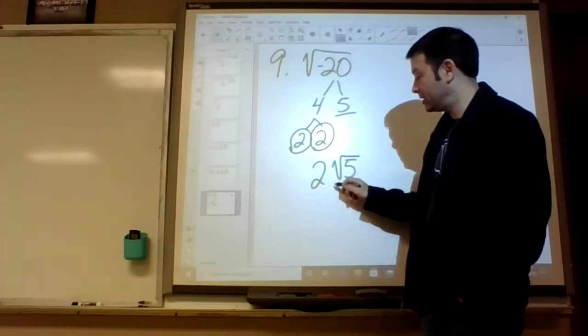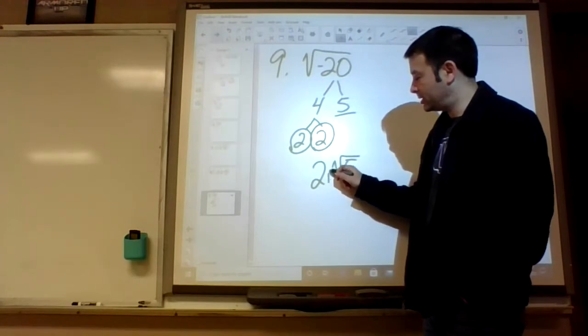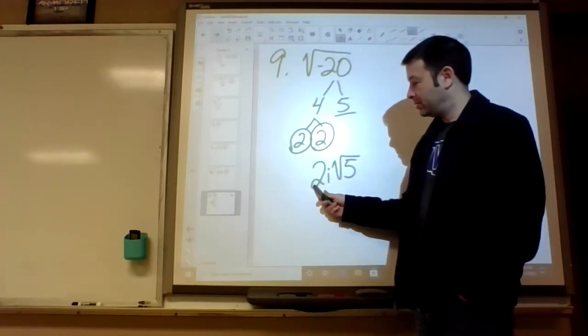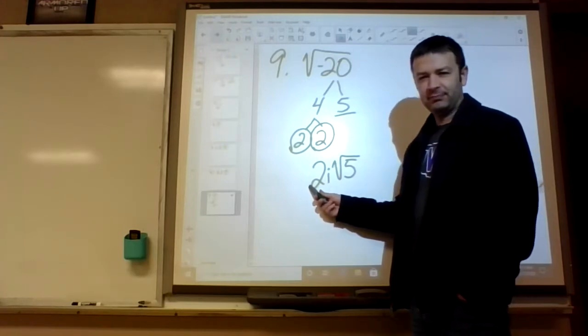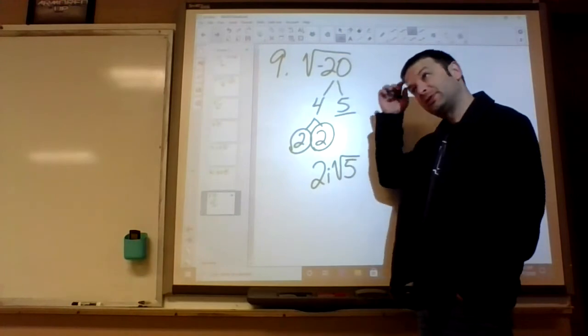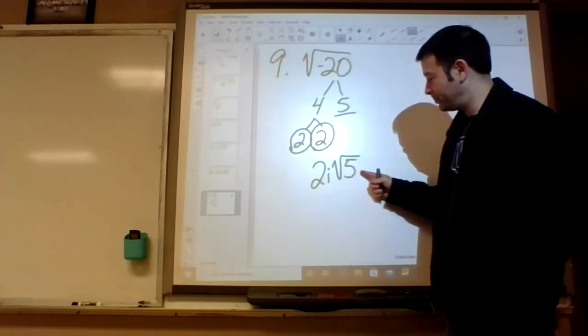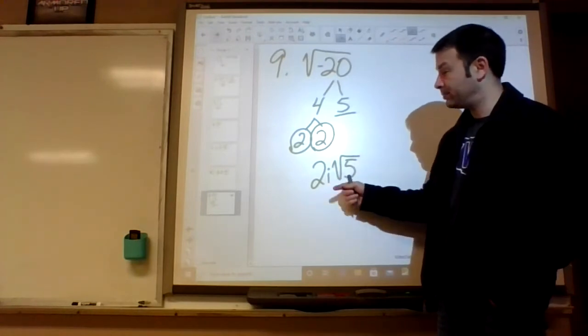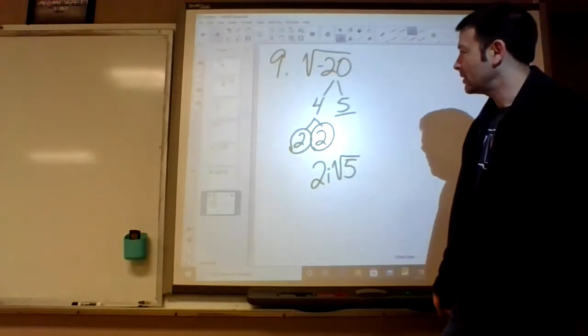Well, where am I going to put it? Where they usually put it is right in the middle there, after your rational number before the square root. Just like that. They don't like putting it back here because it looks like it might be under the square root, so that's not good. So I just put it right there.